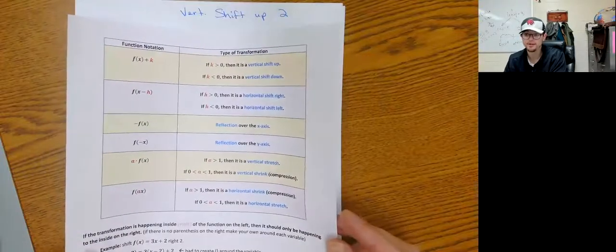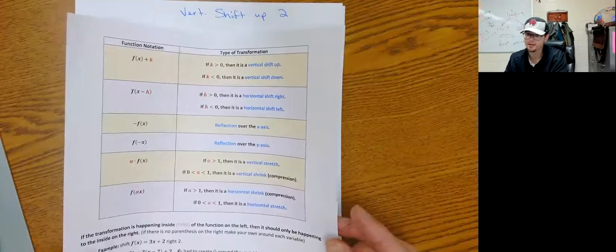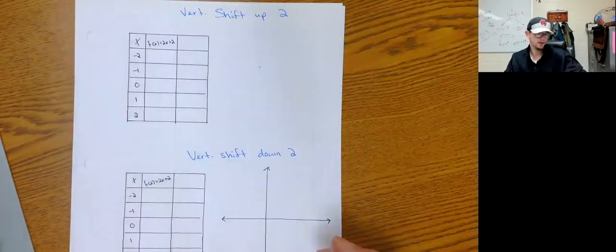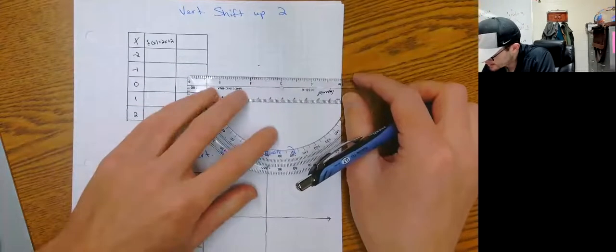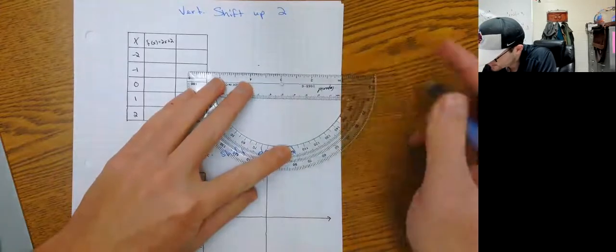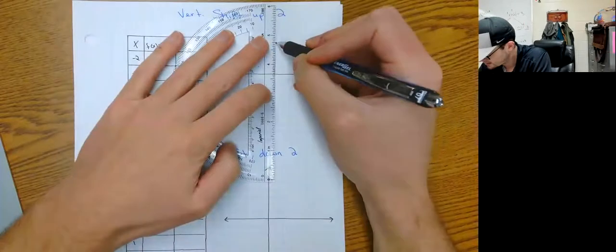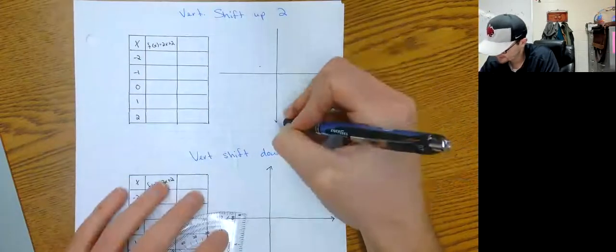Things are going to be a lot different for every single one. None of them are going to come out the same like they did in the first part. So we're going to have to follow those. Let me draw in a graph here real quick, a little grid coordinate. All right, good enough.